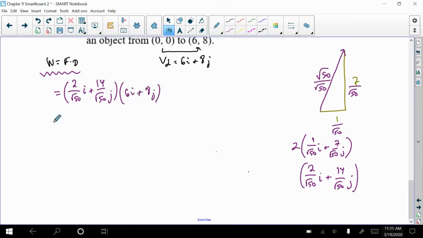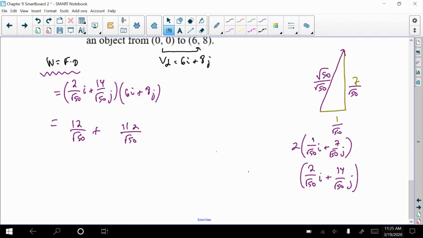And again, the way we multiply two vectors, we focus on the i's, focus on the j's. So 2 times 6 would be 12 over the square root of 50. No longer need the i. Plus 14 times 8 would be 112, I believe. 32, carry my 3, 11. Yep. Over the square root of 50.